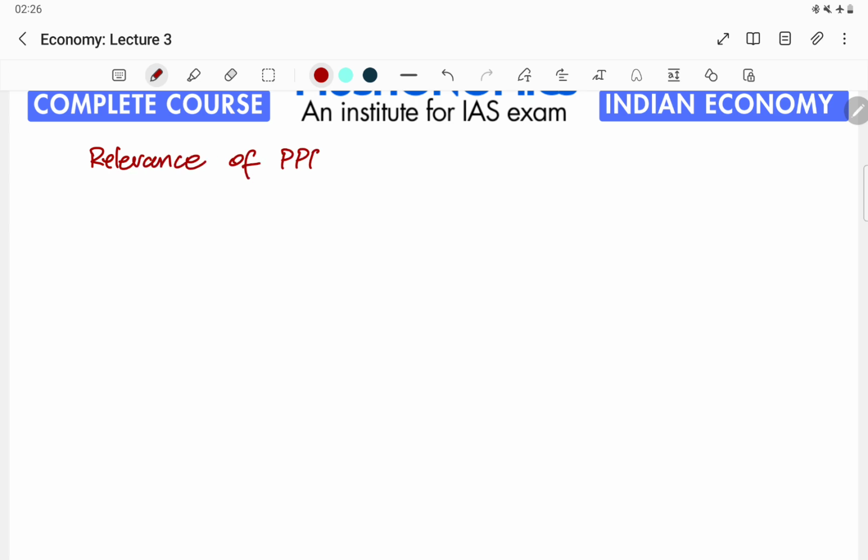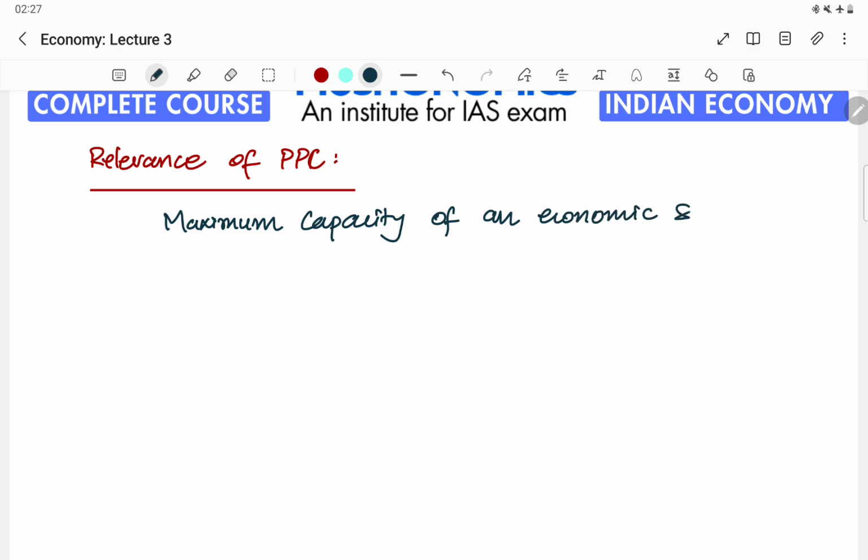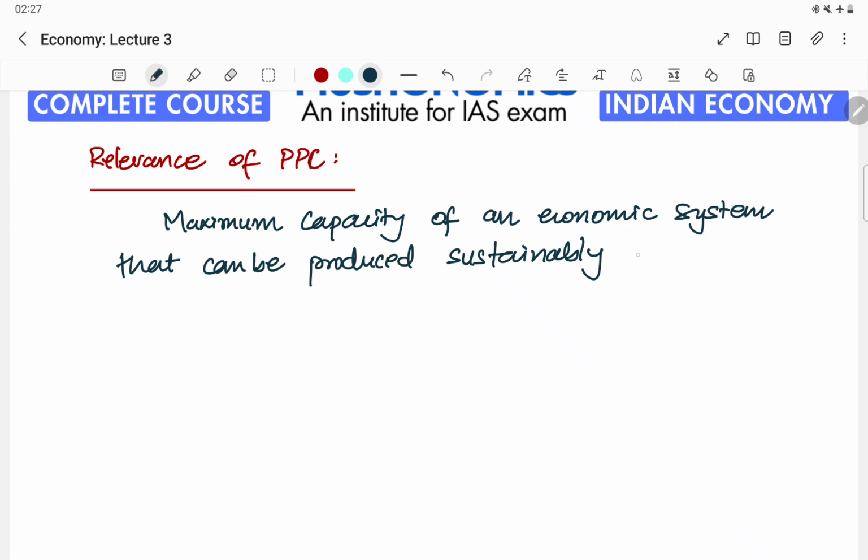See, the relevance or significance of PPC is that PPC gives you the maximum capacity of an economic system that can be produced sustainably, for any distribution purpose, to understand the capacity of the economy.